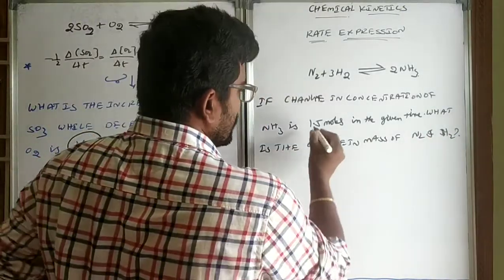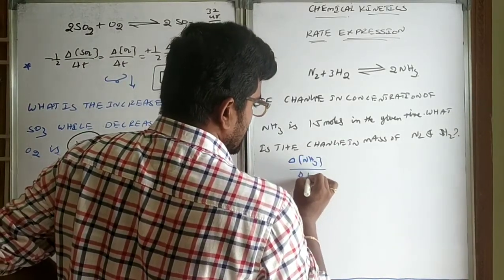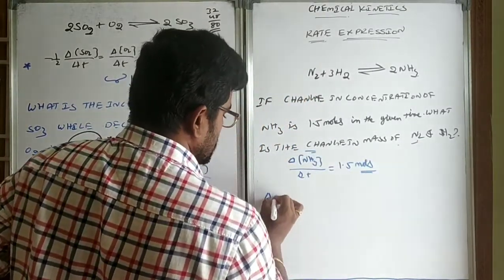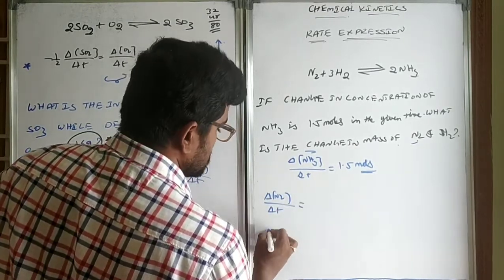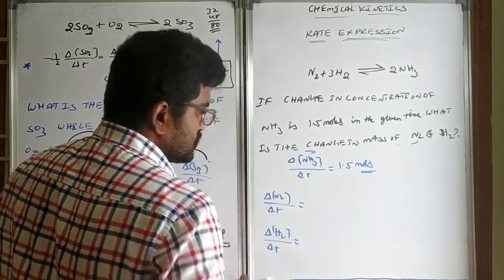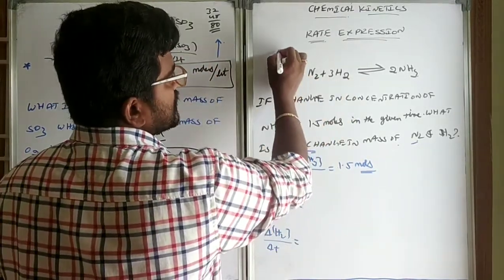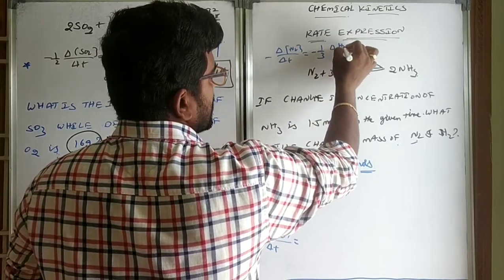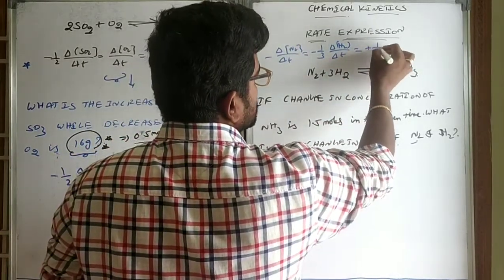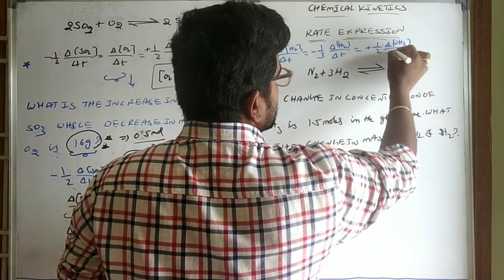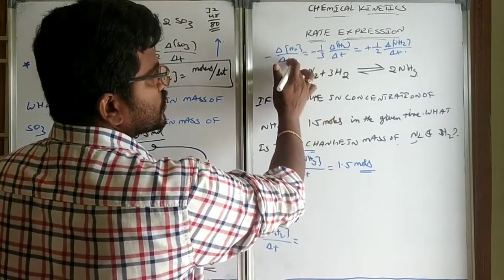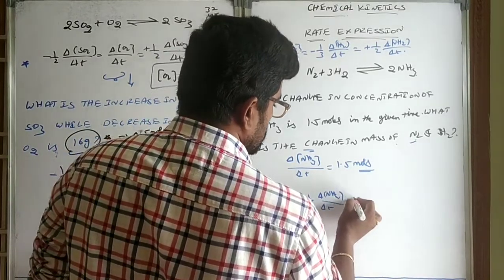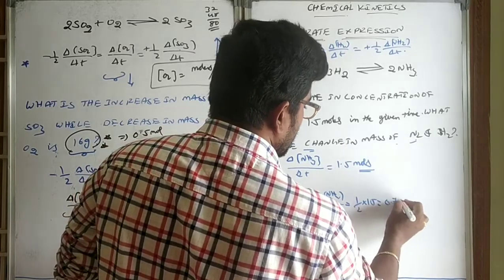Here they have given delta NH3 by delta T equals 1.5 moles, and they are asking the change in mass of nitrogen, that is delta N2 by delta T, and the change in mass of hydrogen, delta H2 by delta T. The rate expression is delta N2 by delta T equals minus 1 by 3 delta H2 by delta T equals plus half delta NH3 by delta T. So delta N2 you can directly write as plus half into delta NH3 by delta T. Half into 1.5 is 0.75 moles.